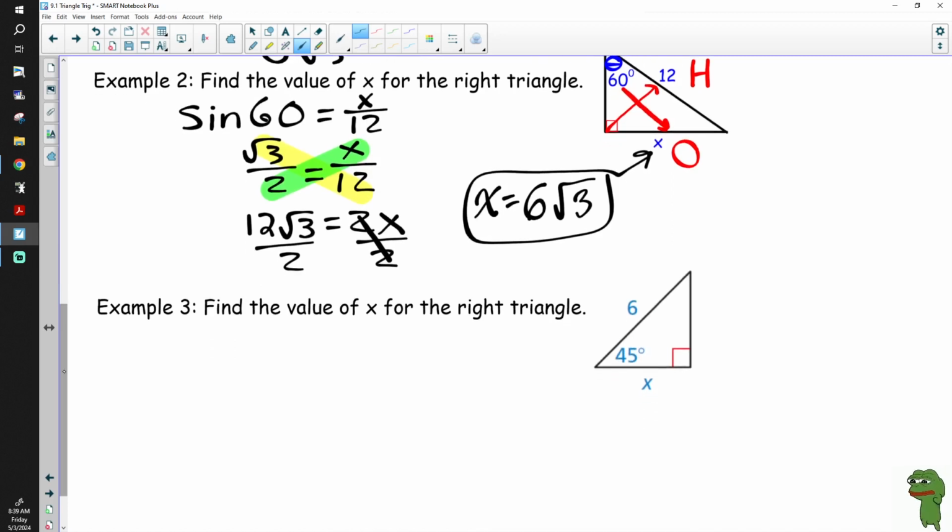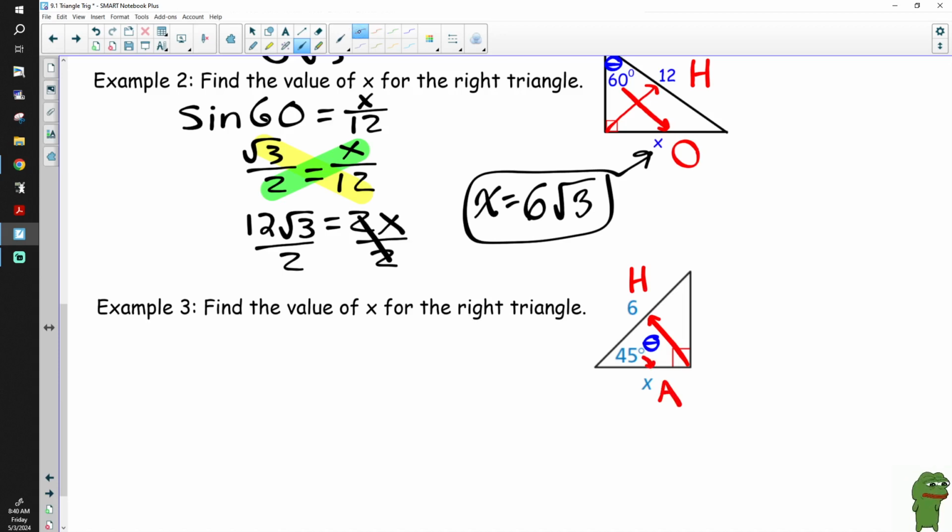Okay, we got one more to go. Example 3. Just like before, theta is 45 degrees. 6 is across from my 90-degree angle, so that must be my H, my hypotenuse. X is right next to the angle, so that's my A for adjacent.